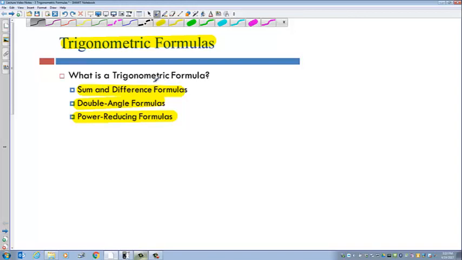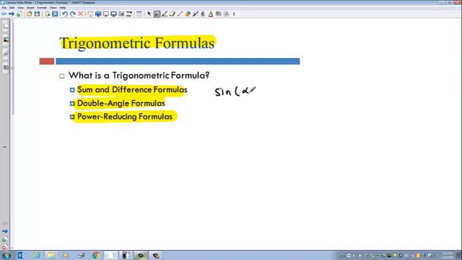The sum and difference formula is a formula for the sine or cosine if you're adding angles or subtracting angles. So for example, suppose you want to find the sine of, we usually use alpha plus beta. Is there a formula in terms of sines of alpha or sines of beta or cosines of alpha or cosines of beta to solve this?